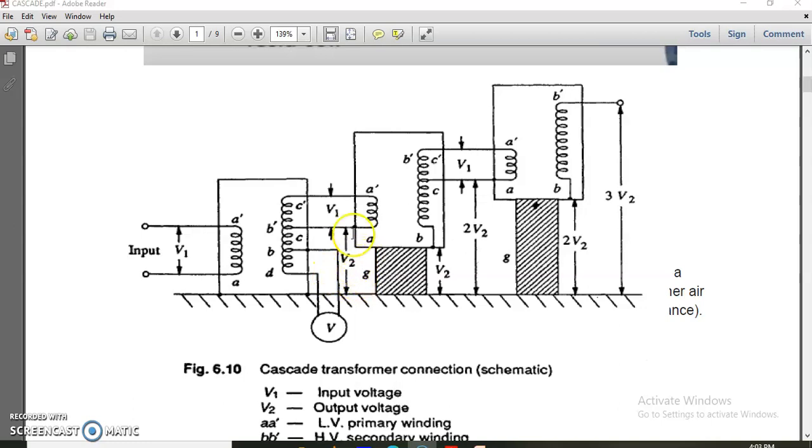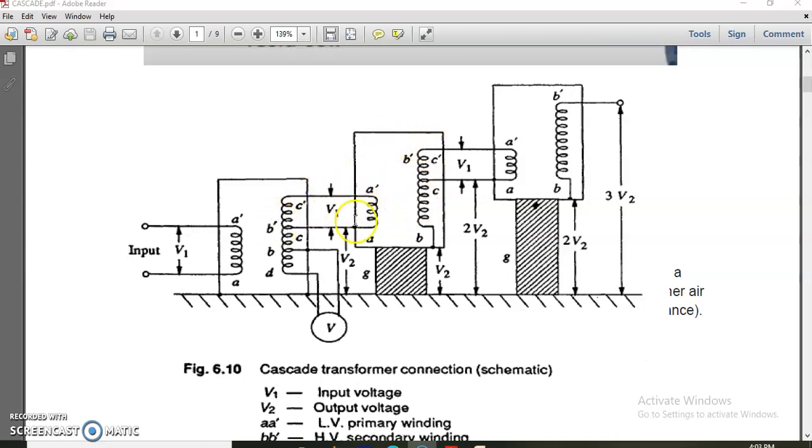The high voltage winding of the first unit is connected to the tank of the second unit. The low voltage winding of the second unit is supplied from the excitation winding of the first transformer.